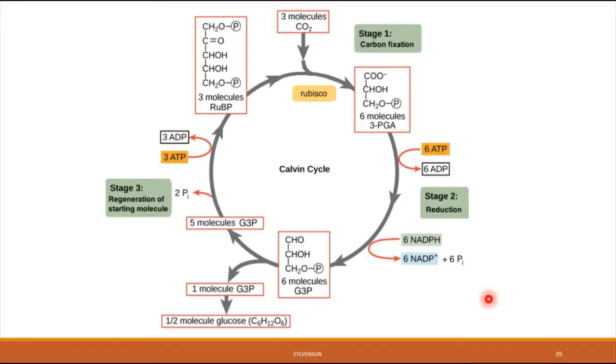And we can see that the very first stage up here, carbon fixation, involves taking in 3 molecules of carbon dioxide per run through the cycle, and that carbon dioxide, of course, is sourced from the plant's environment.